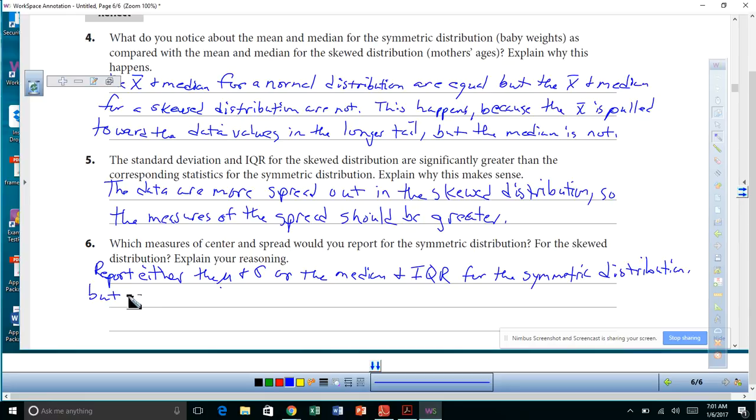But only the median and IQR for the skewed distribution.